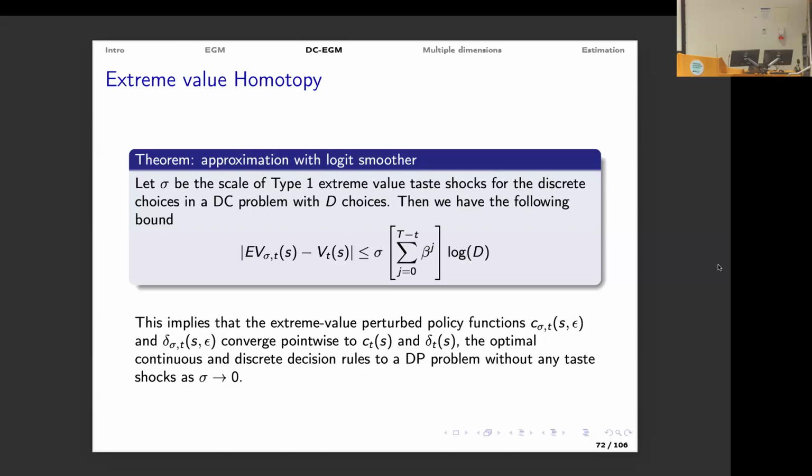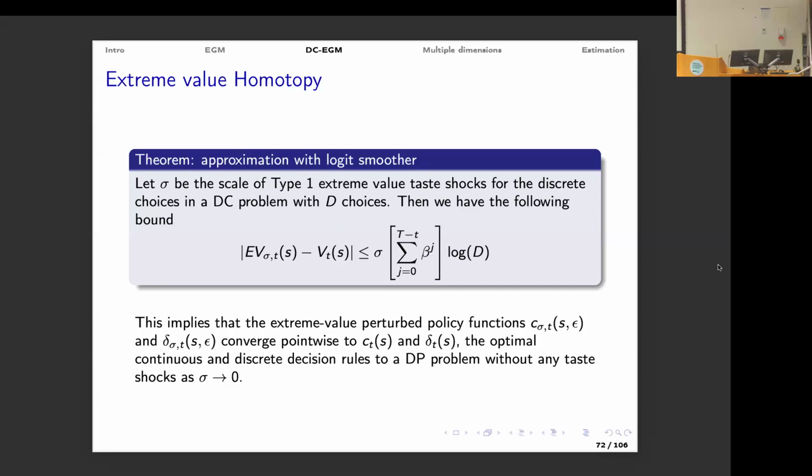And this basically tells you that by choosing sigma, this scale of the extreme value shock, you can bound from above the difference between the smooth and the non-smooth version of the problem. It's proportional to the log of the number of choice options. Now, if you don't want this additional noise in the problem, right?